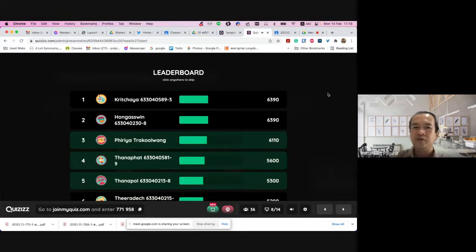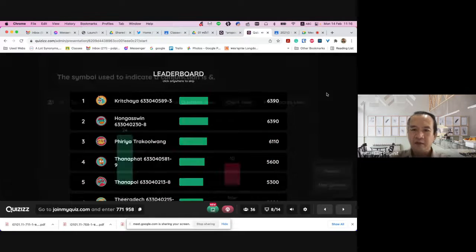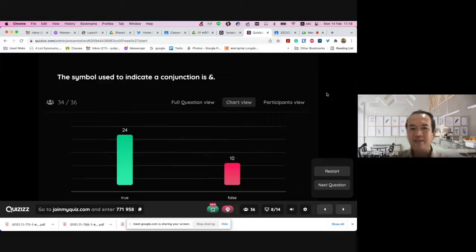Okay, still the same leader. It's a conjunction, right? This one is a little bit tricky because most of you probably thought about the V-shaped symbol. This one is also used as the "and" symbol, right? So it's also true, so it's "and".